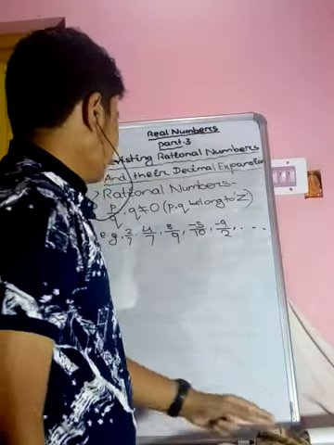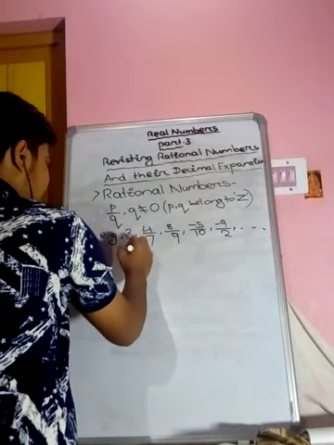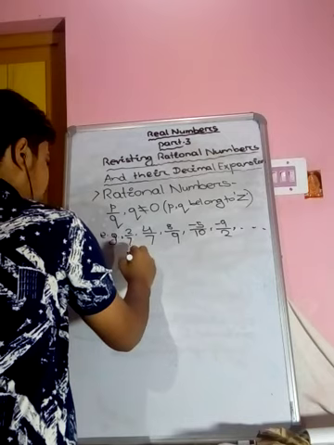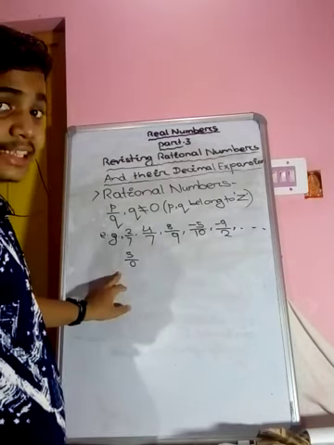Now let us take p by q as 5 by 0. Is it a rational number?